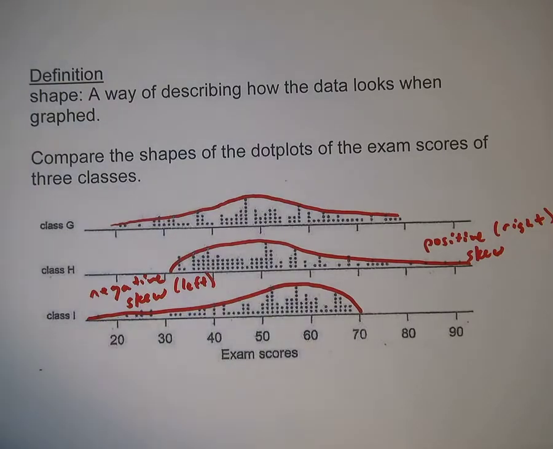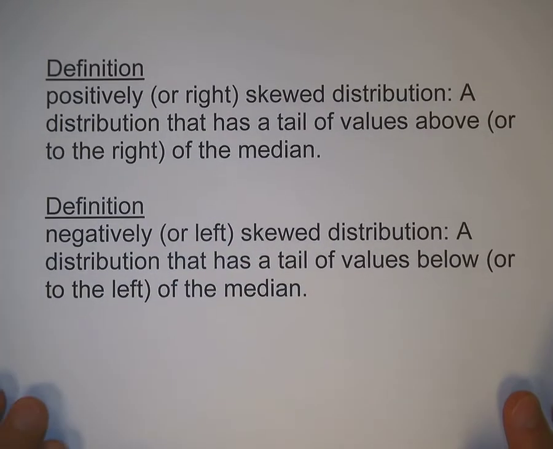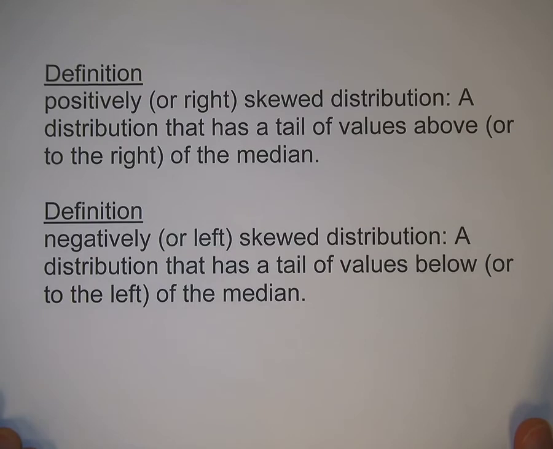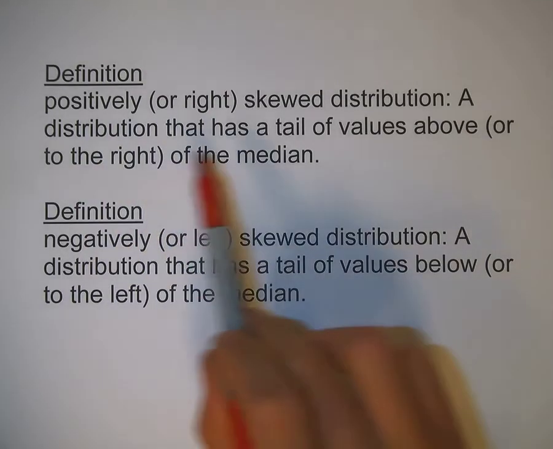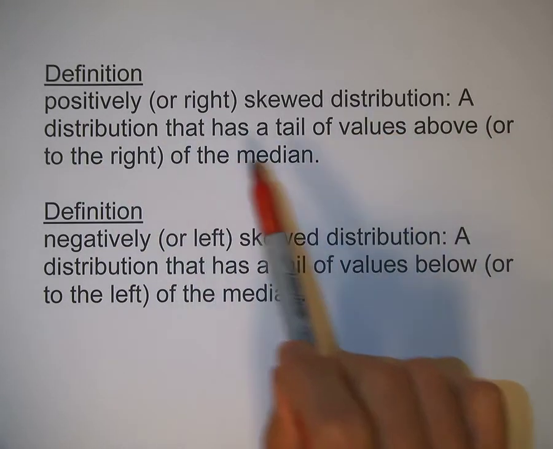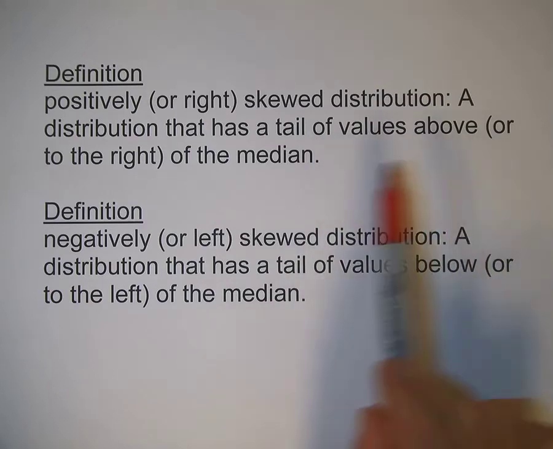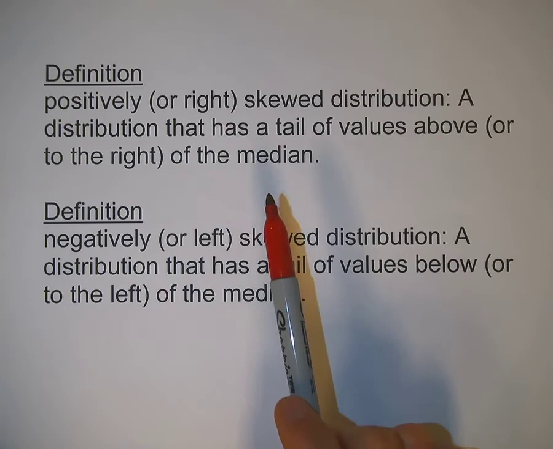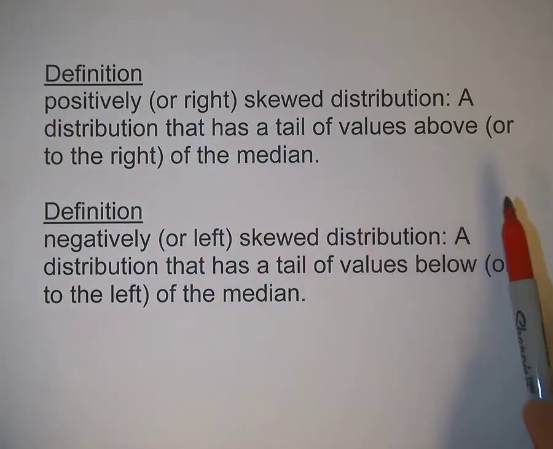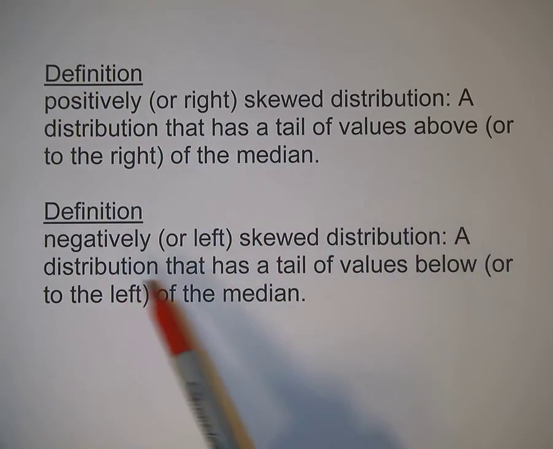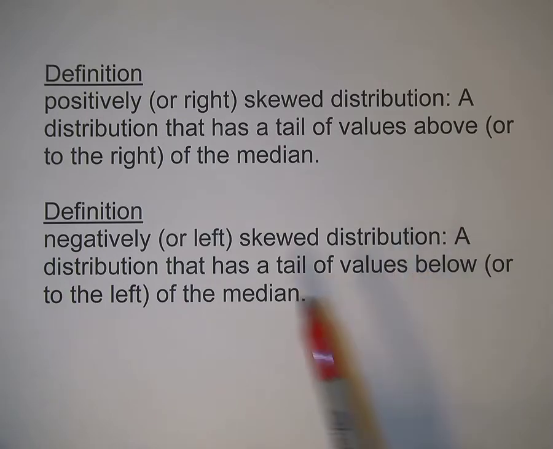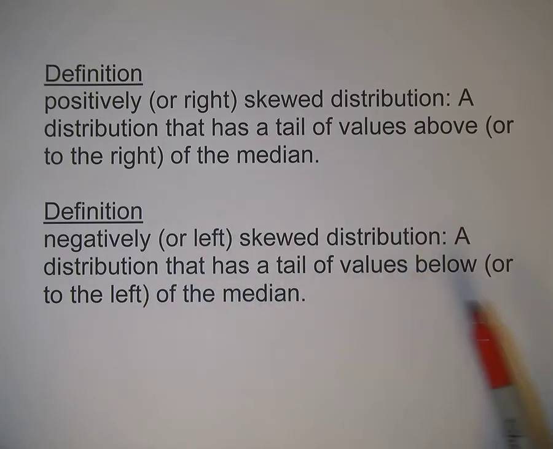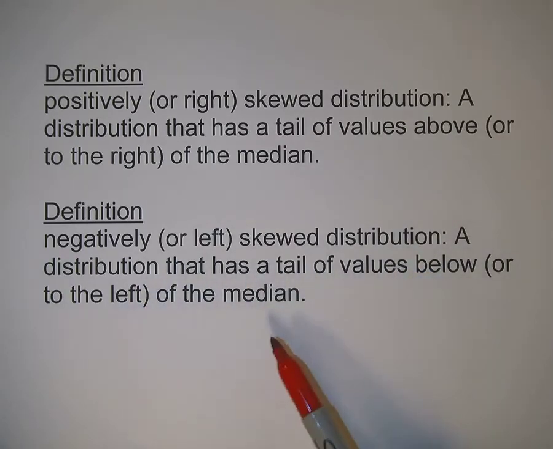Okay, so then just to make sure you have a good definition, a positively or right skewed distribution is a distribution that has the tail of values above or to the right of the median. Positive skew, the tail is toward the right. A negatively skewed or left skewed distribution is a distribution that has a tail of values below or to the left of the median.